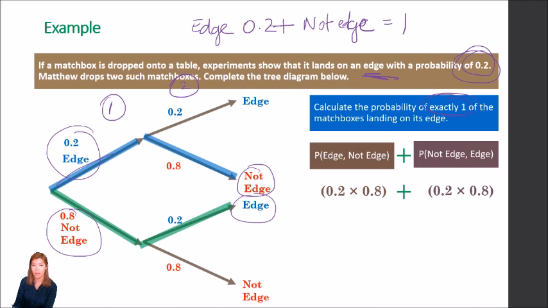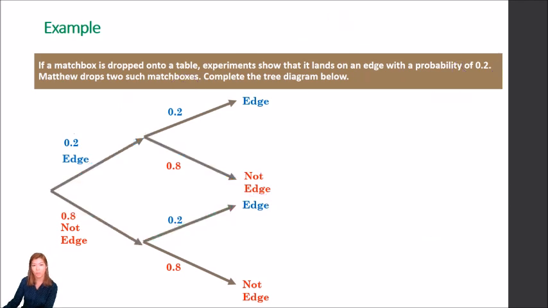So recap, edge and not edge, or not edge and edge. So the and is the times and or is the plus. And then chucking it in your calculator, it gives you 0.32.